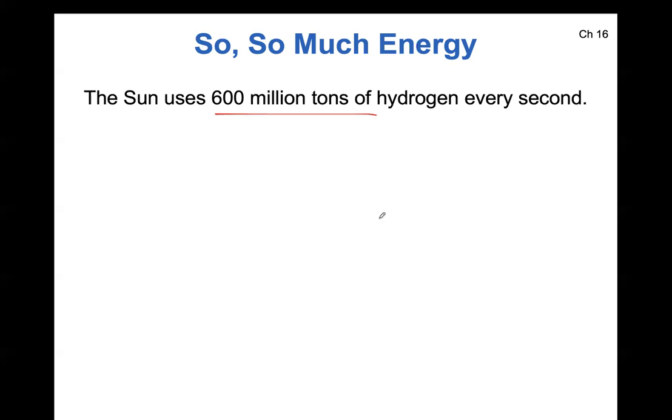Well, remember, the sun is 10 to the 30 kilograms in mass. So it turns out that even though this seems like a huge number, it's still many powers of 10 less than the overall mass. And once you realize how many, you can see then that it's not going to significantly affect the mass of the sun.